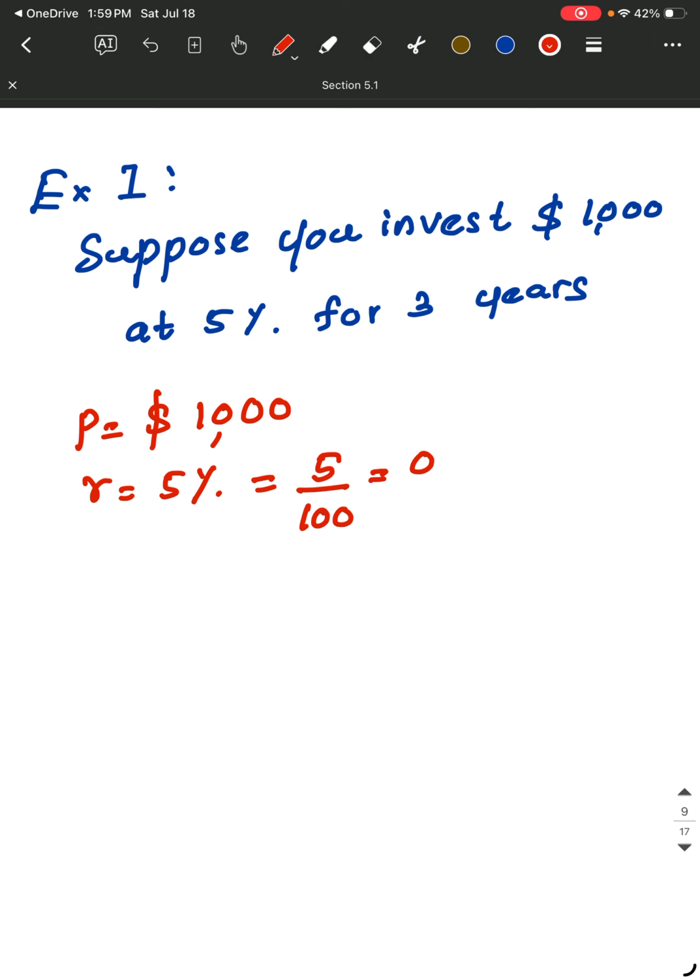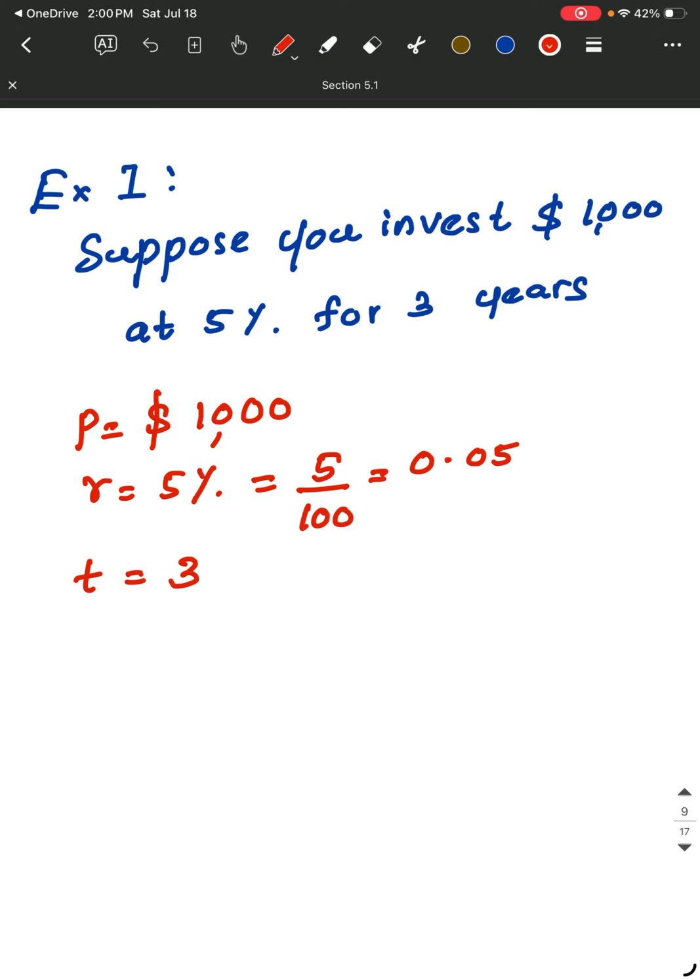Therefore, the rate is 0.05. And time in years is 3. Then let's solve this together. First, identify the information. The principal amount P equals 1,000. Interest rate R is 0.05. The time in years T is 3.